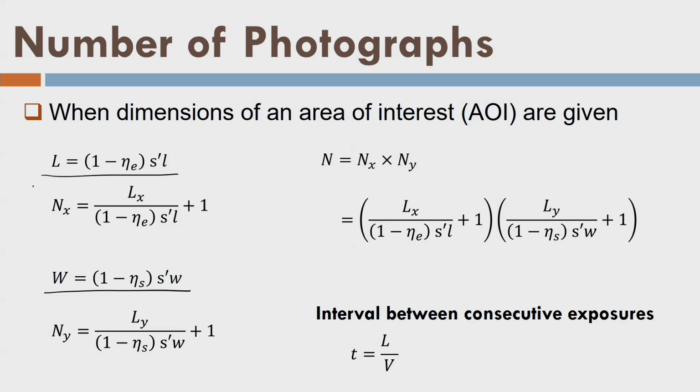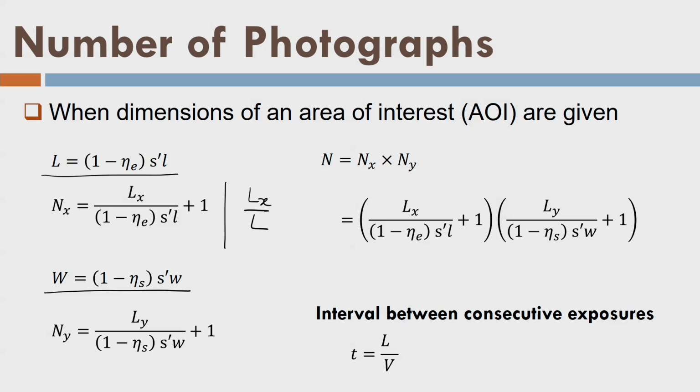Okay, so what about the number of photographs along the x direction, along the flight direction? Here, you can argue like this: if you divide Lx by L, then in that case I should get the number of photographs. But there is a slight issue here.